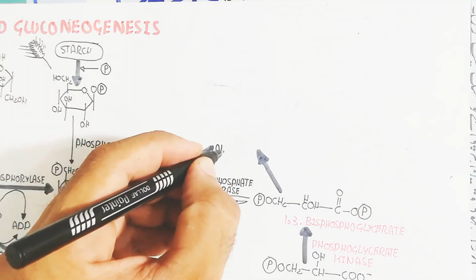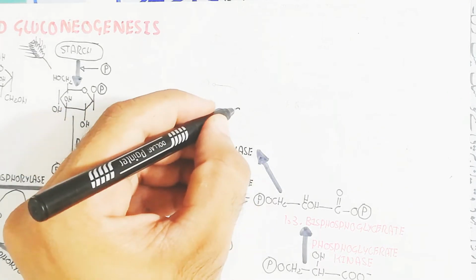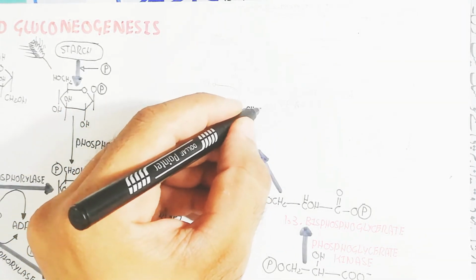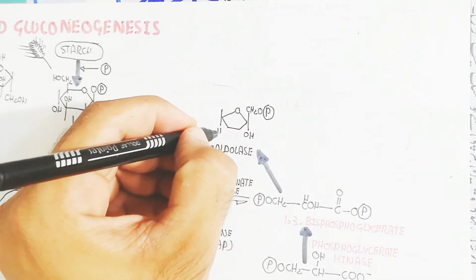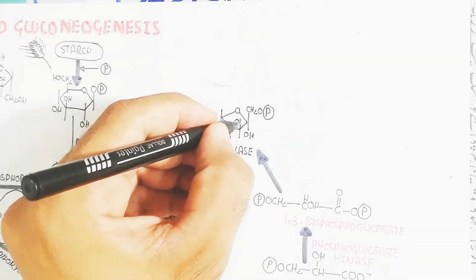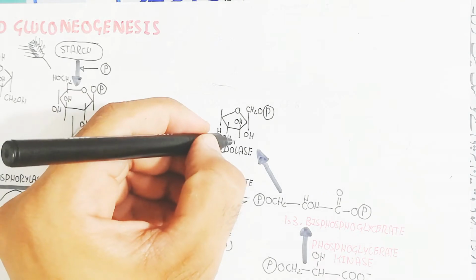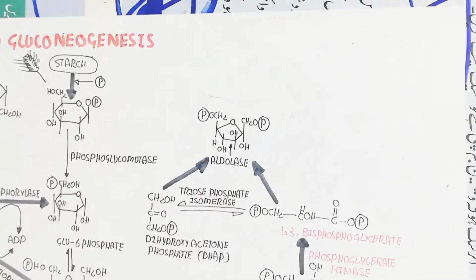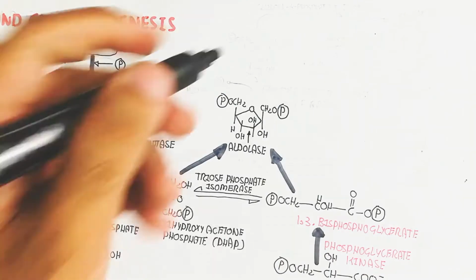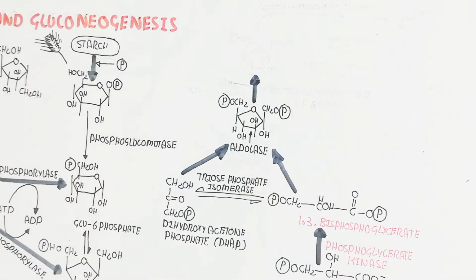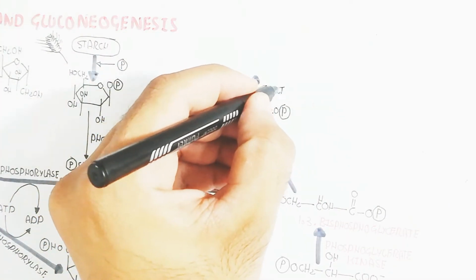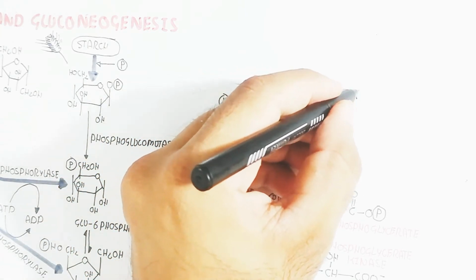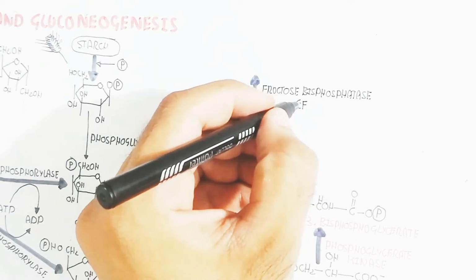So the aldolase enzyme is used again to produce the fructose that was produced during glycolysis. So it reverses, it moves upward, so the aldolase reverses and goes back to produce fructose 1,6-bisphosphate. So in this way, the phosphate group will again be released in the presence of water.